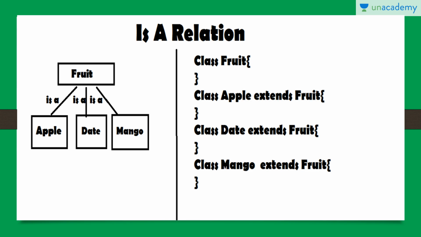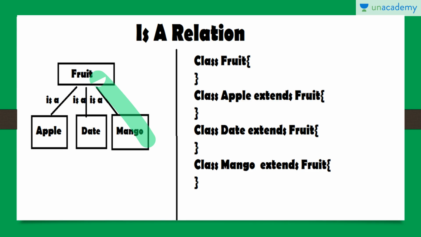Let us see that. We know that a fruit has some features. All these features of fruit will also be acquired by apple, date and mango. Why? Because apple, date and mango are also fruits, so they will have all the features, or you can say states and behaviors, of fruit. So basically apple is a fruit, date is a fruit and mango is a fruit.